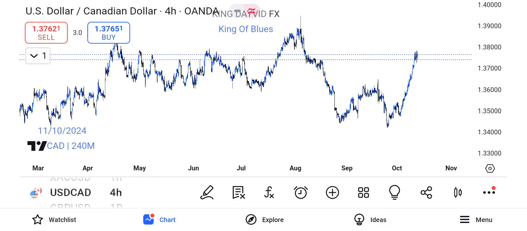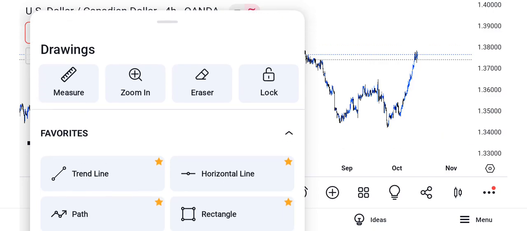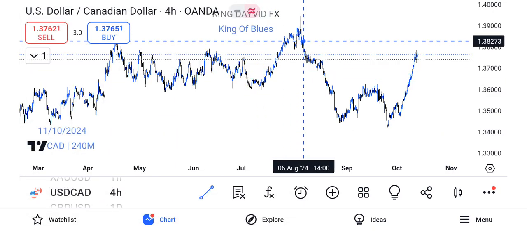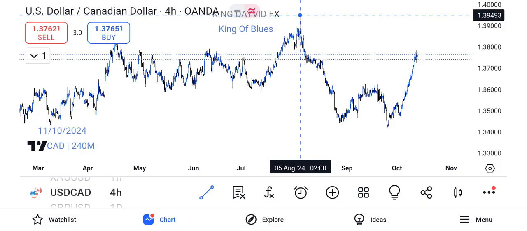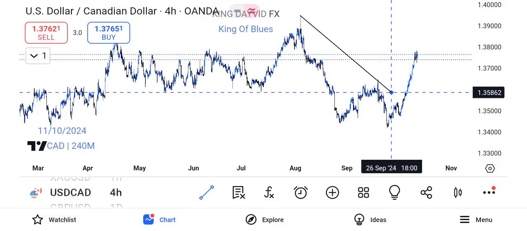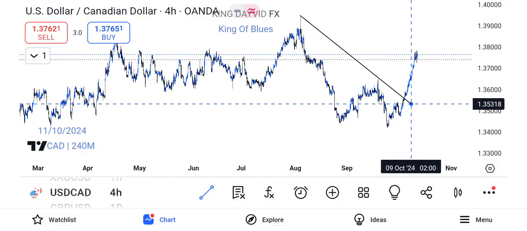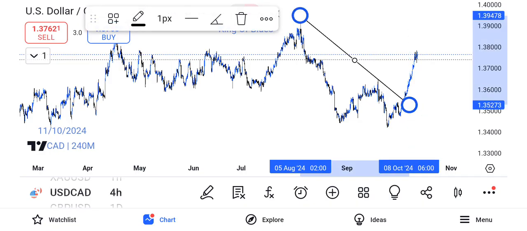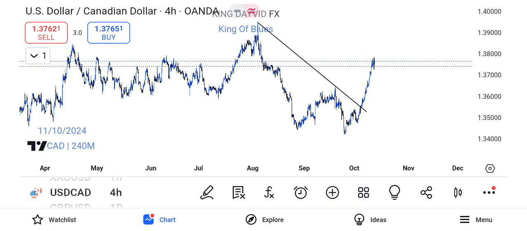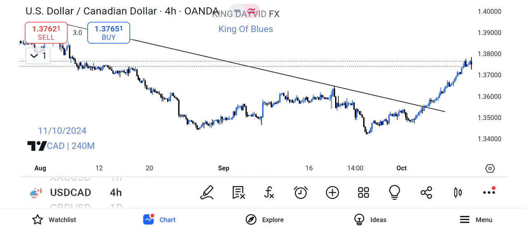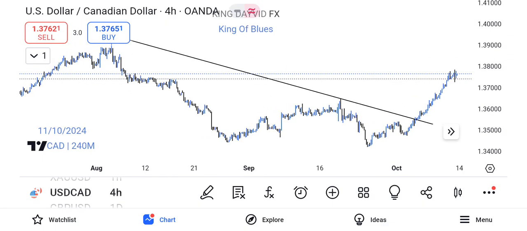And why do I say so? If we pick our trend line from here and we come down, we'll see that the arrow is coming down. Let me zoom out so that you can see very well.